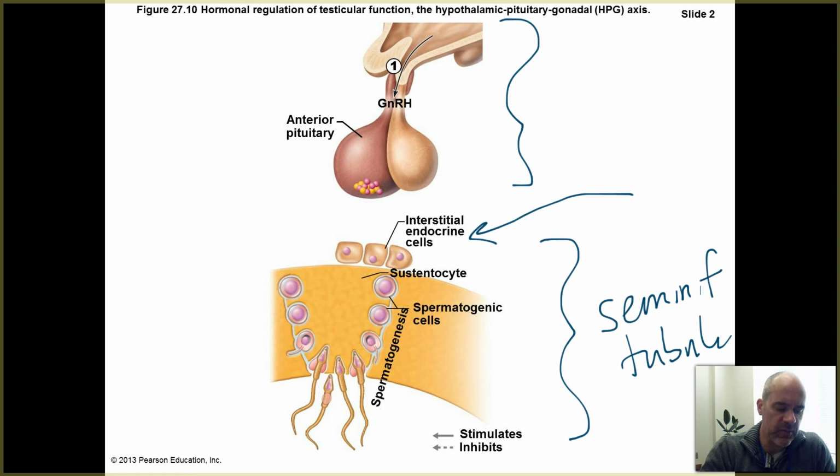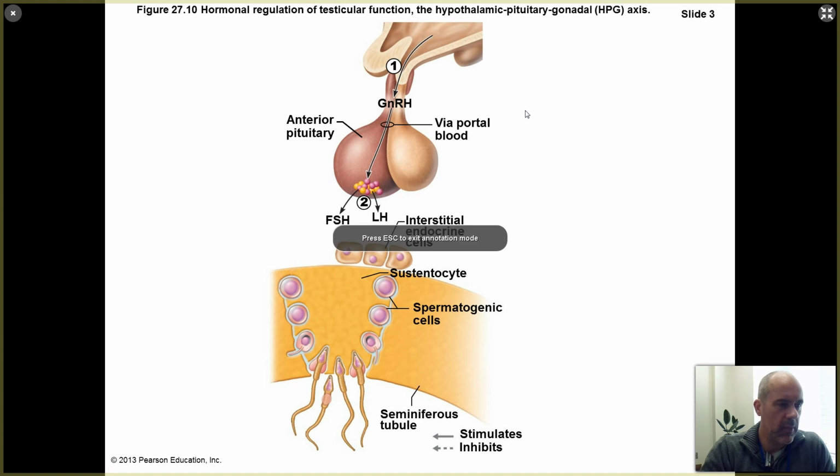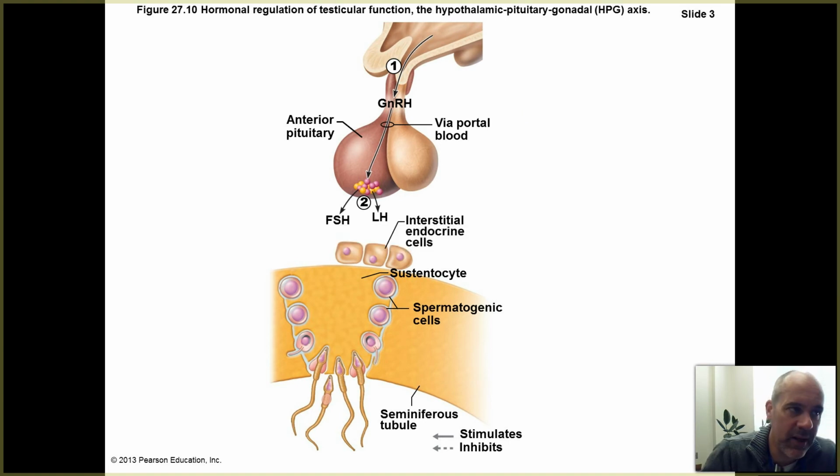All right, so as I was mentioning on the previous slide, the hypothalamus secretes GnRH, that's gonadotropin releasing hormone. We learned about that back at the beginning of the semester. That hormone travels through the portal blood vessels that extend between the hypothalamus and the anterior pituitary.